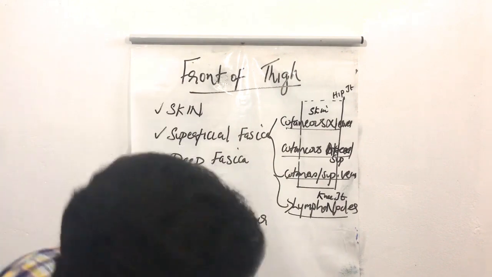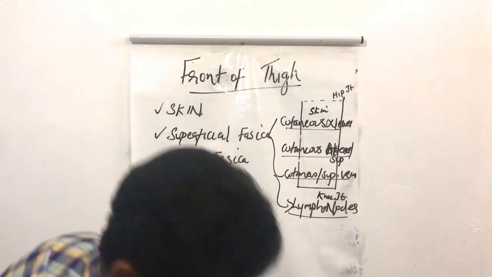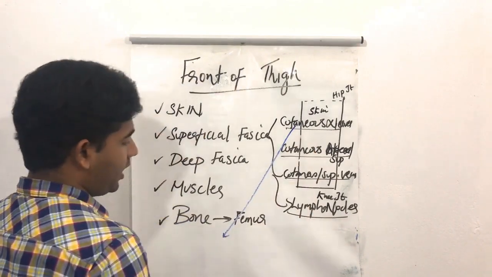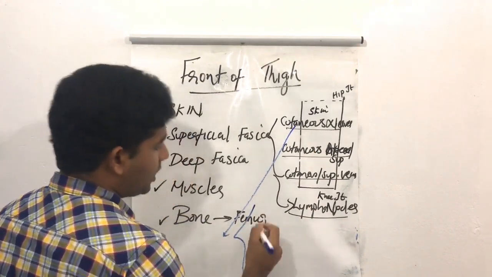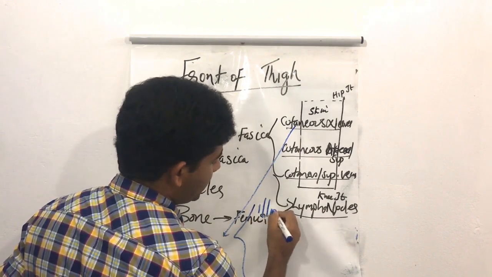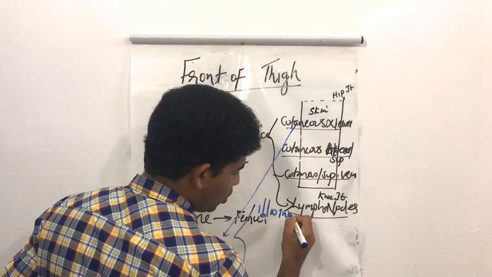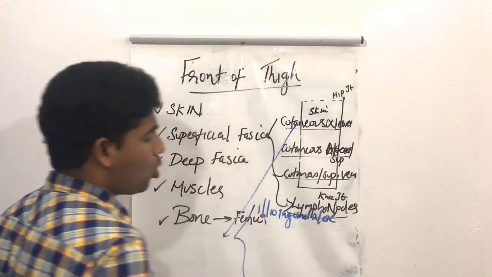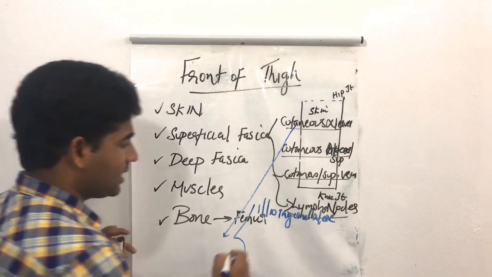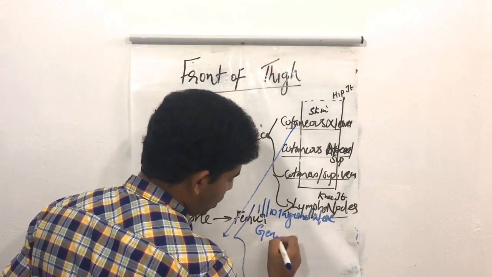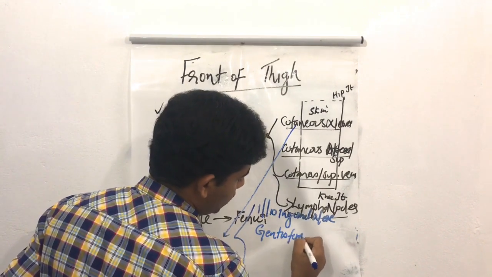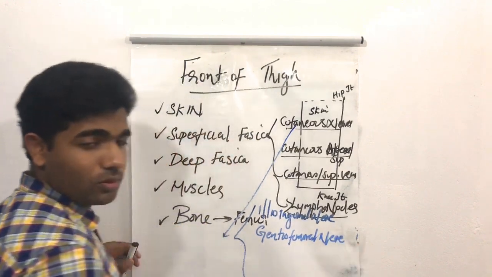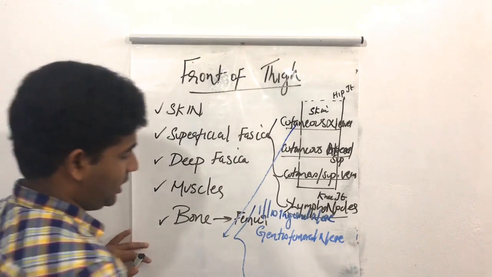Here you have to study the cutaneous nerves, the names of those nerves. A few nerves you have to study. The first one is the ilioinguinal nerve. The second one is the genitofemoral nerve.